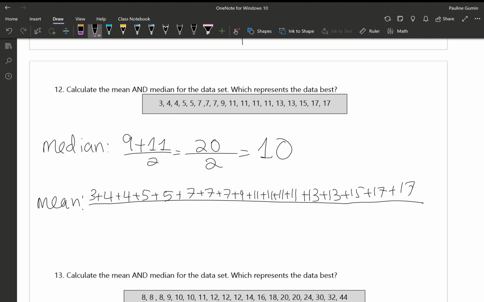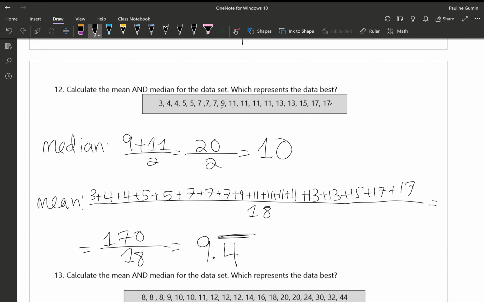All right, so that was all those numbers. First, of course, let me count how many there were. 1, 2, 3, 4, 5, 6, 7, 8, 9, 10, 11, 12, 13, 18. There's 18 numbers. Okay, when I add all the top together, I get 170. Then I'm going to do 170 divided by 18, and I get 9.4 repeating.